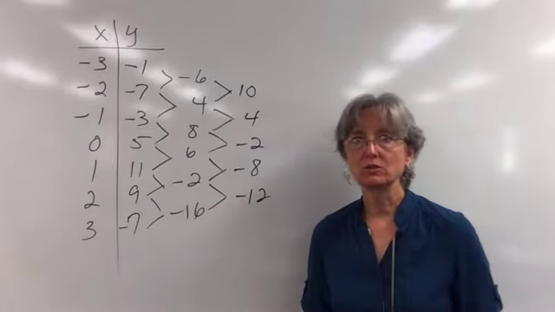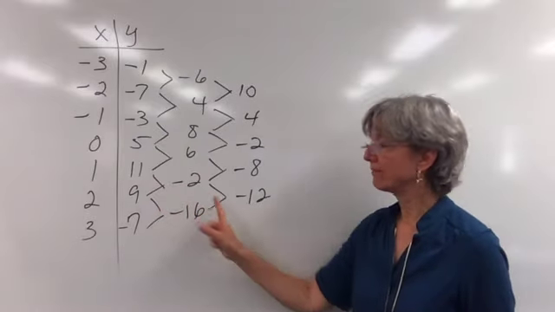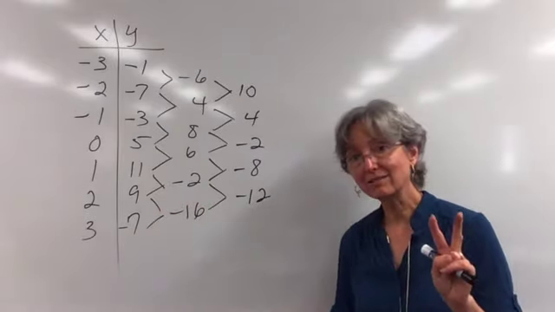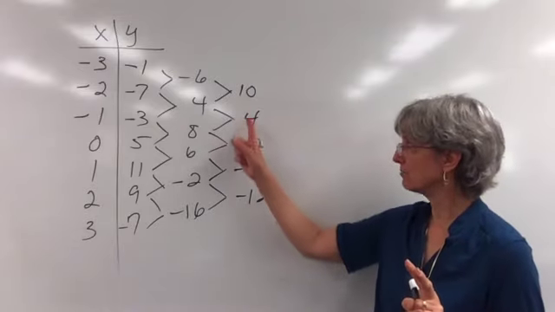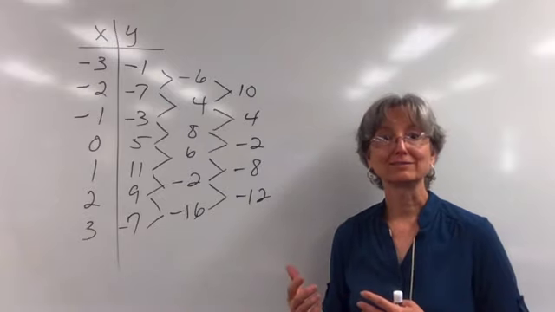At any point you could make mistakes, so be careful when you're doing this. So now I found the difference twice. Still, my numbers are not the same, so I do it again.